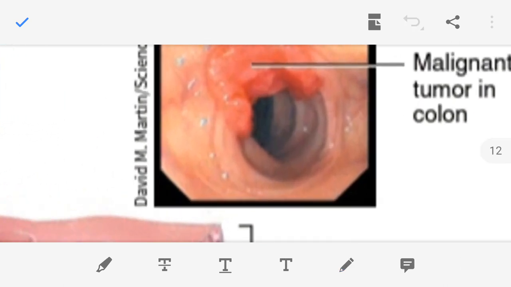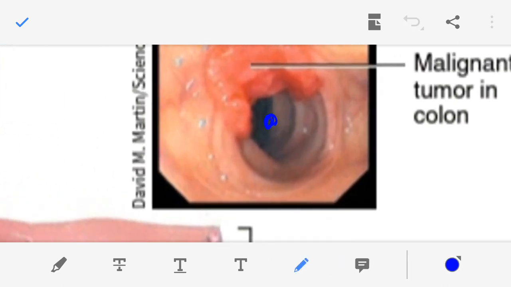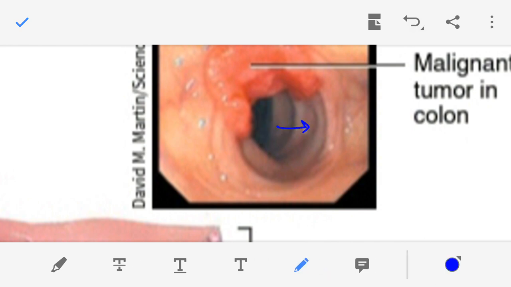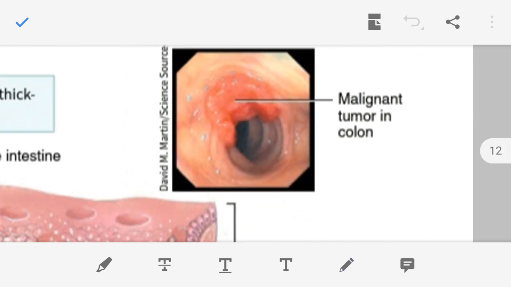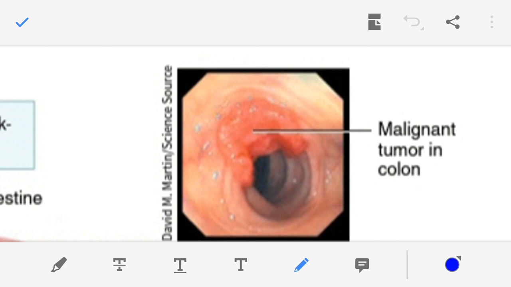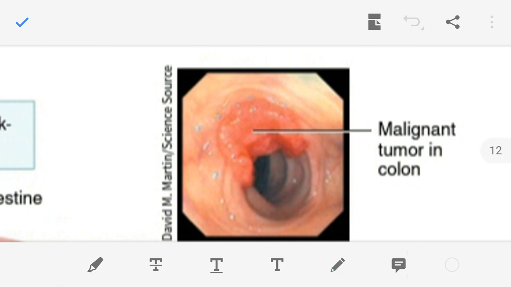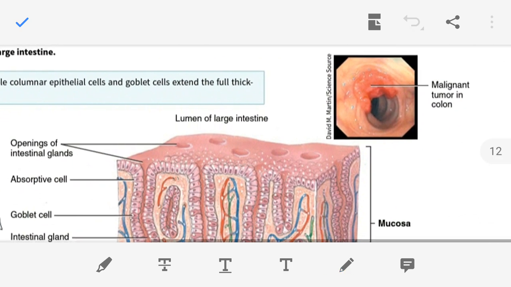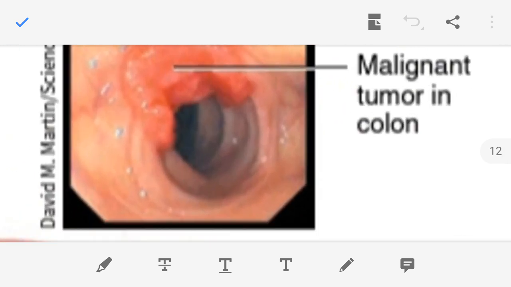Now you can understand this one, this here, this is the lumen where the digested food arrives. Then this one is the mucous membrane, and this layer is the serous layer. So mucus is secreted.